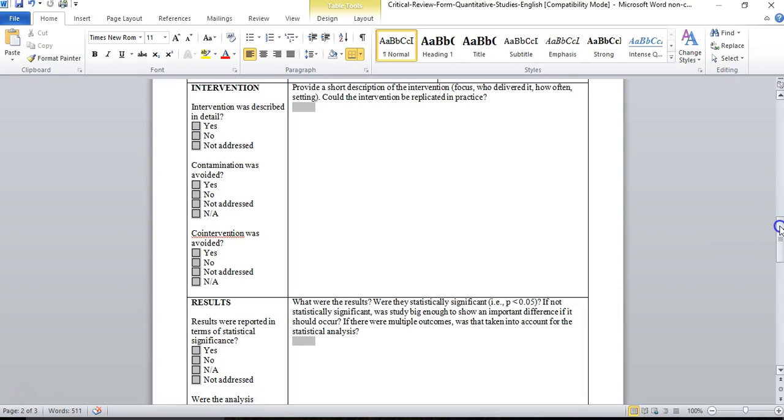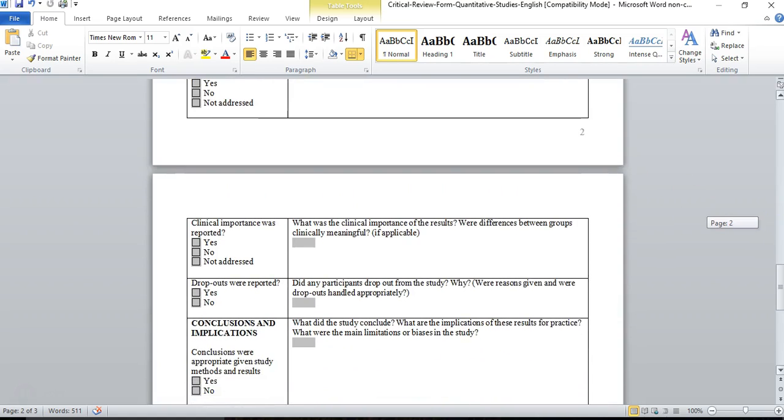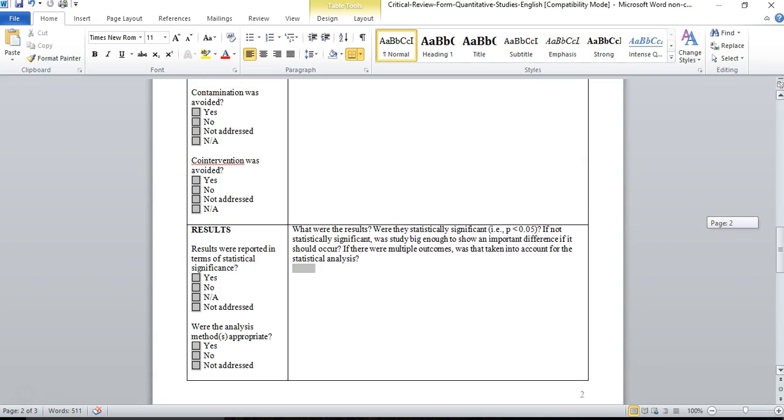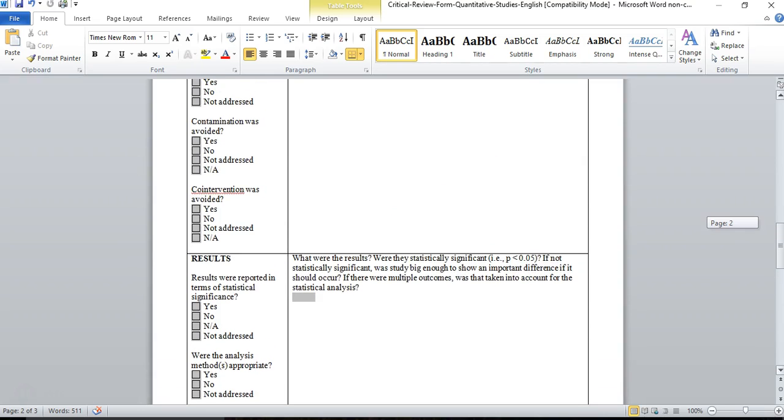And it's really up to you how detailed you get, but I'll tell you this. The more you put into making these critical review forms, the more information you put in here, the easier it's going to be for you to actually create your paper. Because if you put a lot of time and effort into writing these sections out really well in your critical review forms, you can essentially copy and paste into your paper.